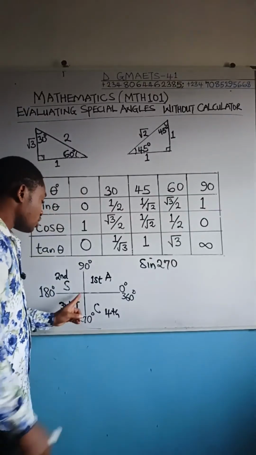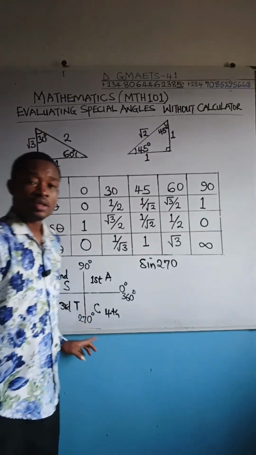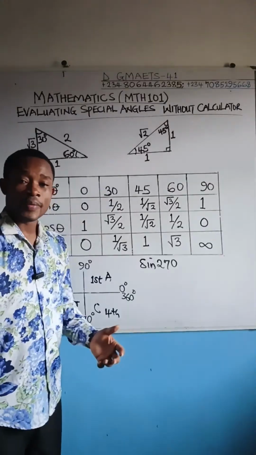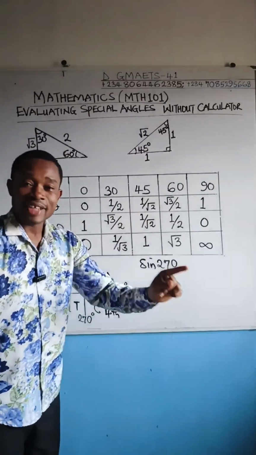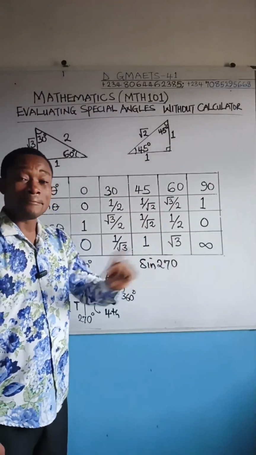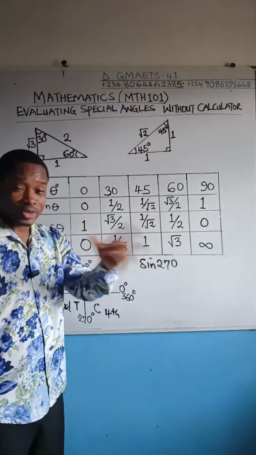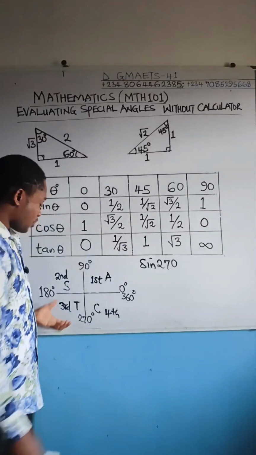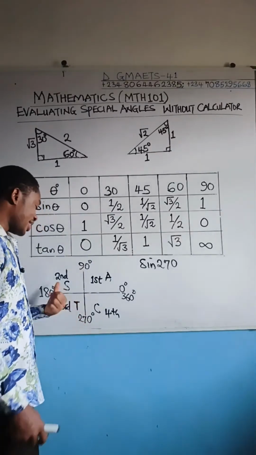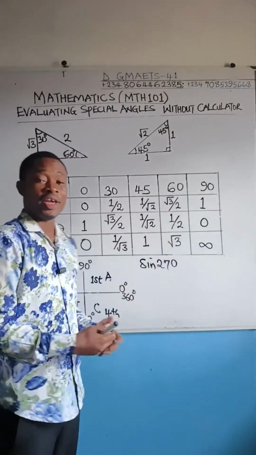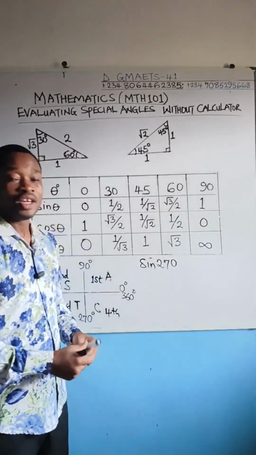The value of sine 270 will simply be equal to sine 270 minus 180. Remember, you are operating in this third quadrant. Values greater than 180 already, and like I explained, you subtract 180 from them to get the equivalent.